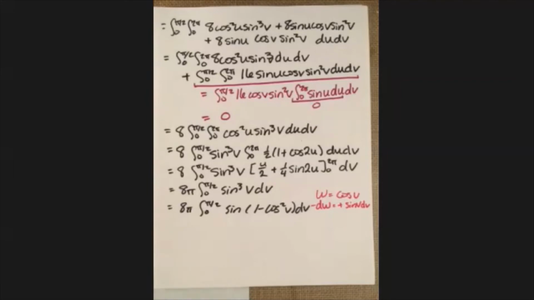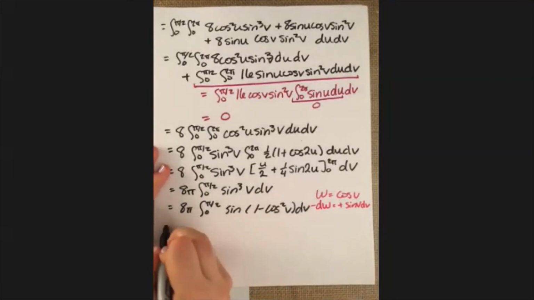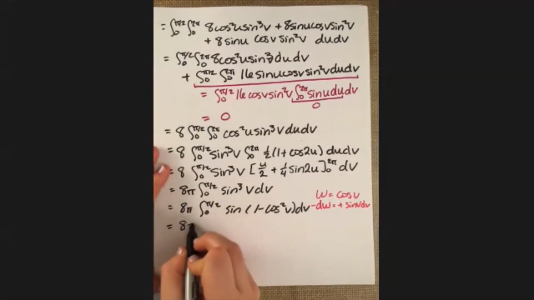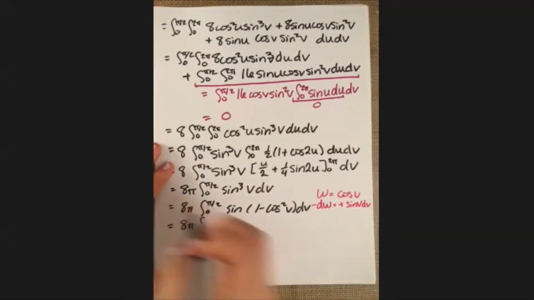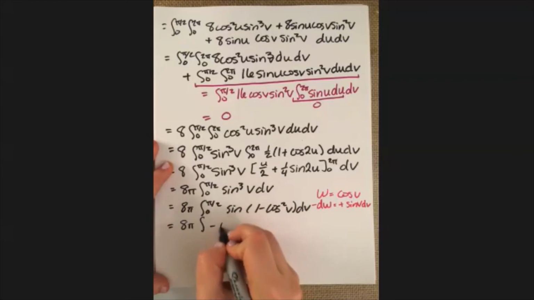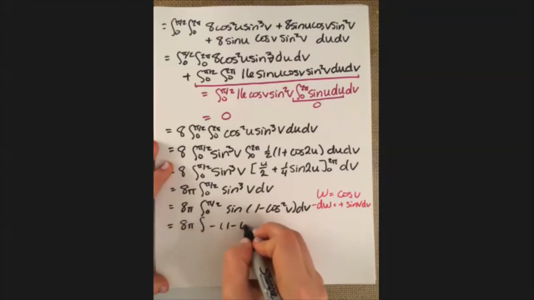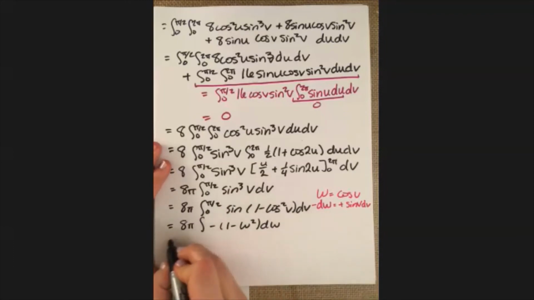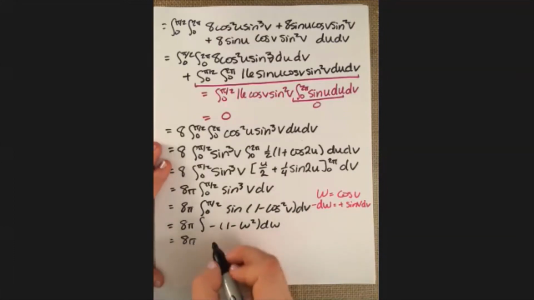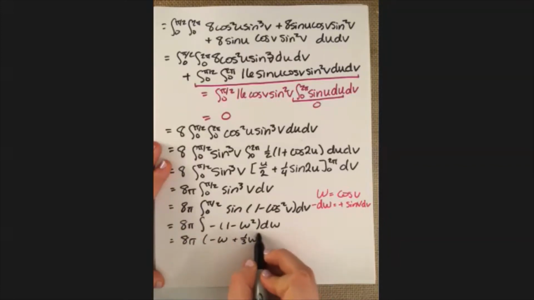So this is equal to 8 pi, and I'm going to drop my bounds here for a second. I'll put them back later. But negative 1 minus w squared dw equal to 8 pi times negative w plus 1/3 w cubed.